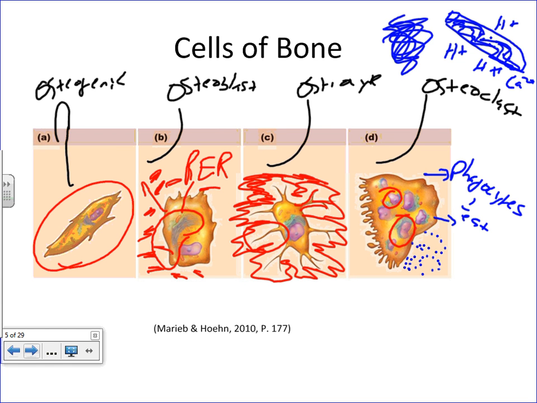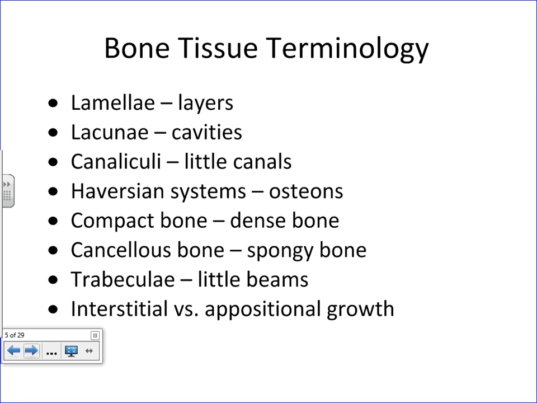All right. So next, let's talk a little bit about some bone tissue terminology. Before I get into that, on this list right now, I just want us to focus on these bottom few terms here: compact bone, cancellous bone, and trabeculae. Compact bone, that's pretty straightforward. This is bone that's far more dense.